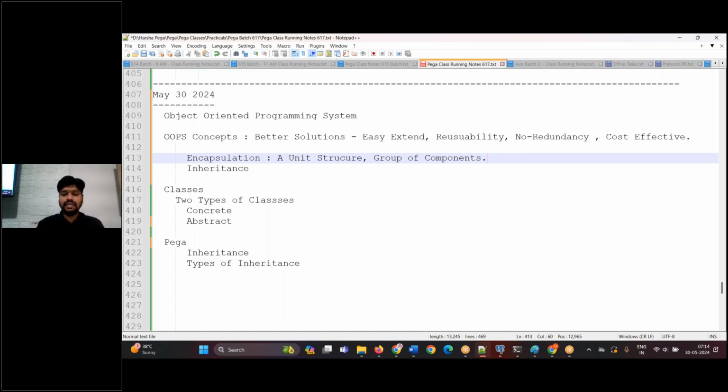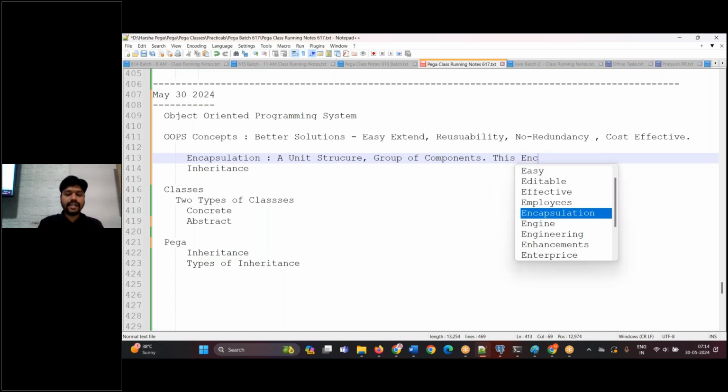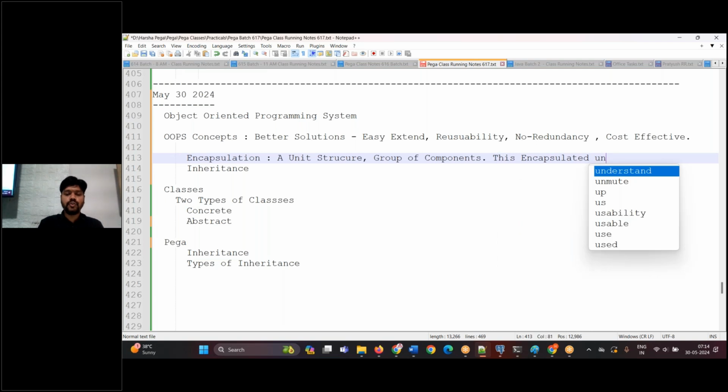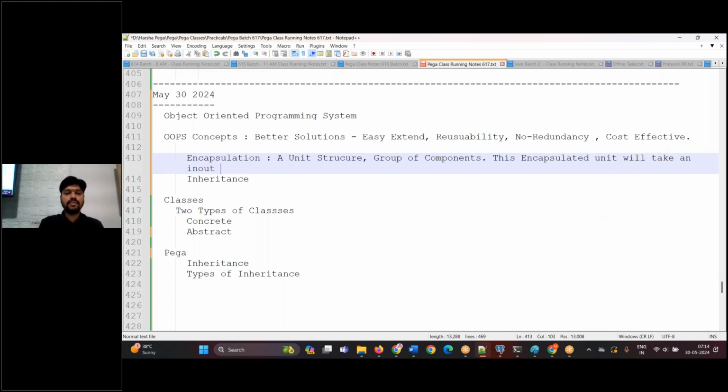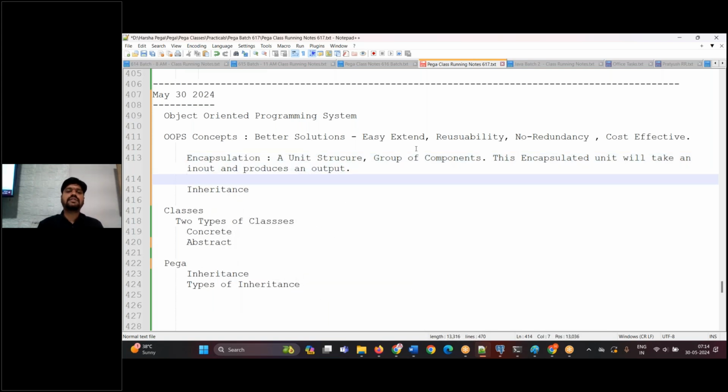It's a grouping of components. So this encapsulated unit will take an input and produce an output, as a result.